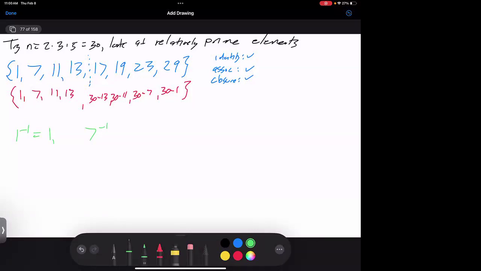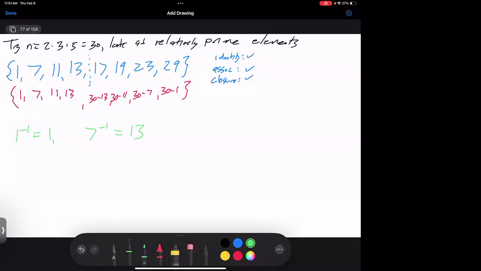Is there anything times 7 that will give me 61? 61 is prime, so it's not going to happen. So now 91. Is anything times 7 91? 13. Okay, and so we've now found the inverse of 7. And that's enough to show that, unfortunately, the inverse is not always just the number itself.